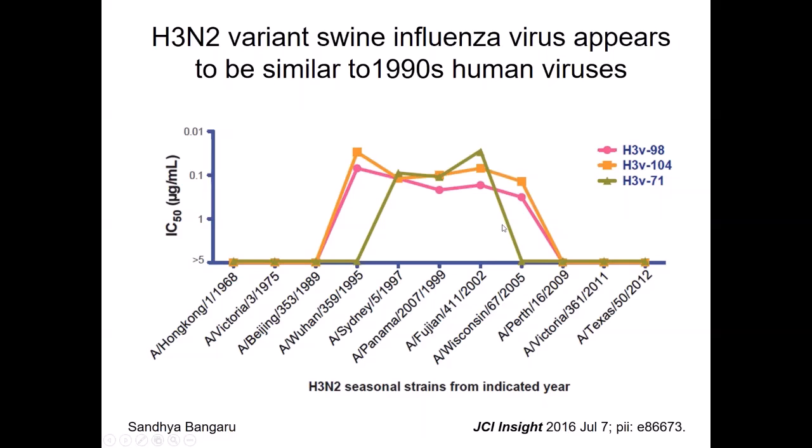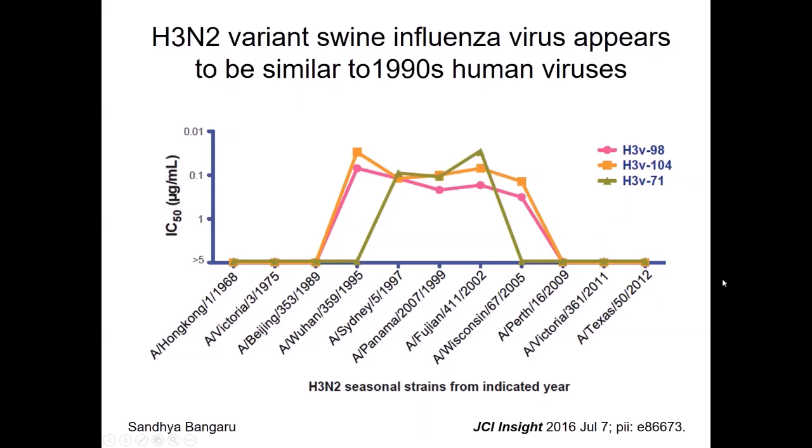And it also is very similar to the story with 1918 H1, in that it looks like what actually happened is H3 viruses that were in humans during this period entered into pigs. And so those are the viruses that are re-entering the human population now, and we're calling them swine variant viruses, but very likely they could be human viruses that got into pigs and have sat there.